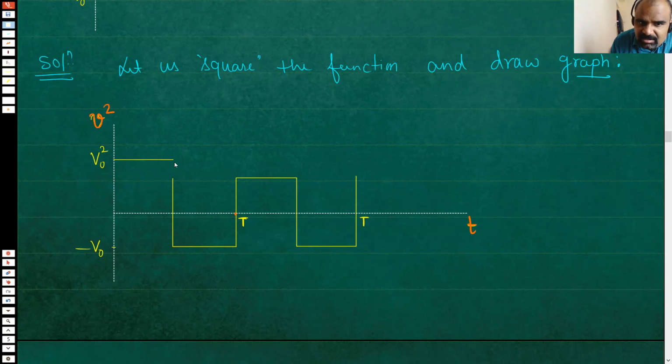Now from here to here, this is nothing. This is just a line joining this point and this point. What will happen to this part? Well, it is minus V0, but when you square it, it will become positive. So from here to here.